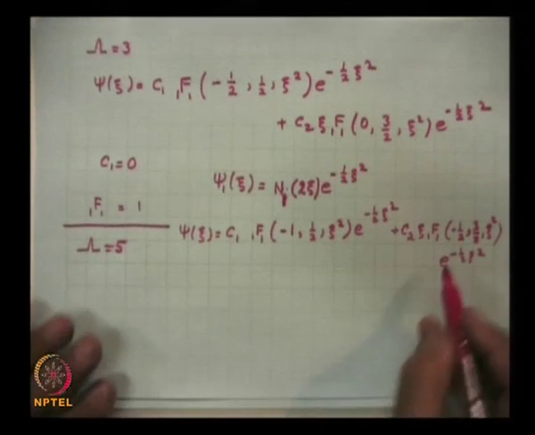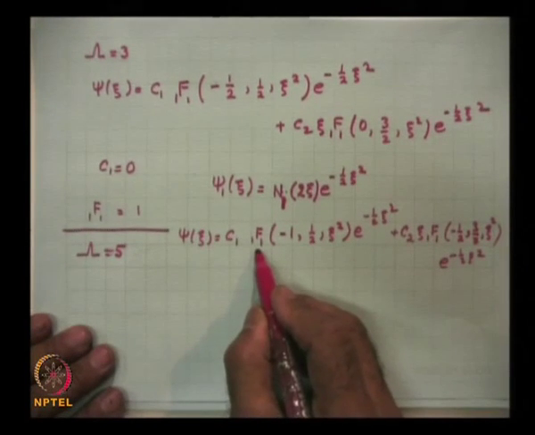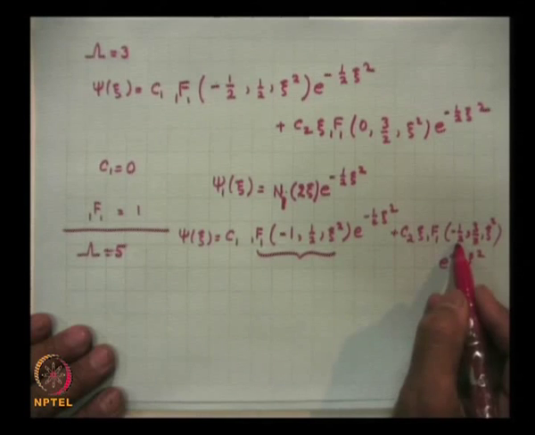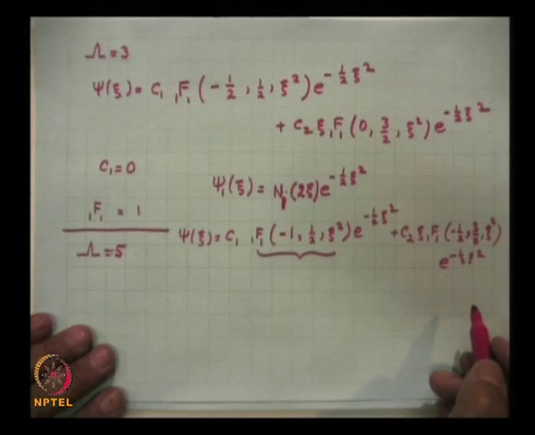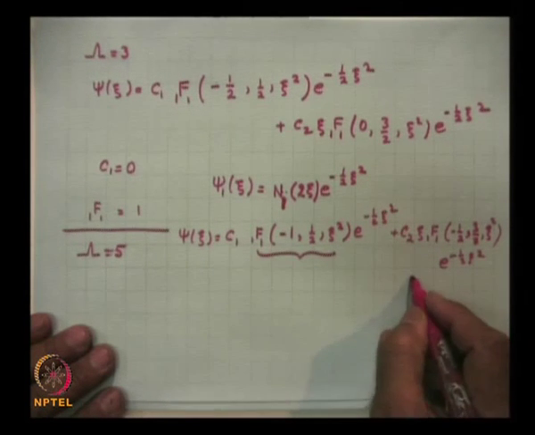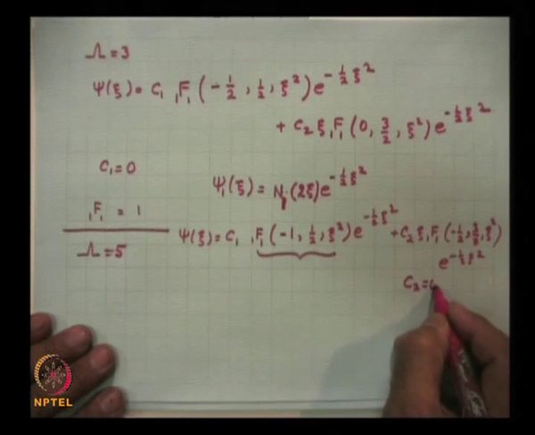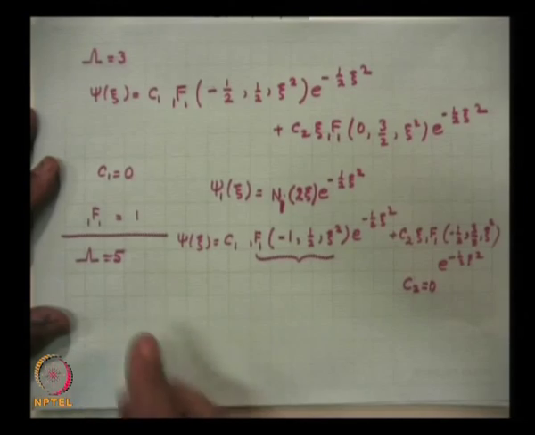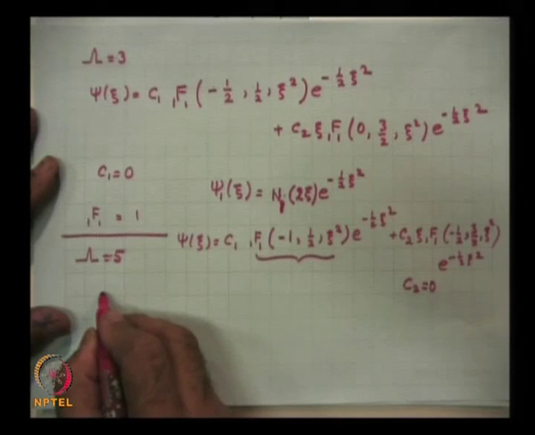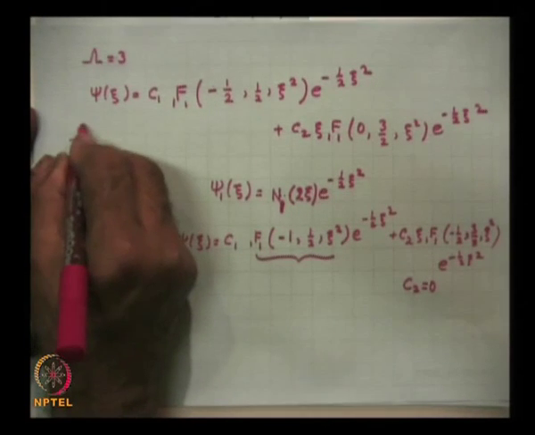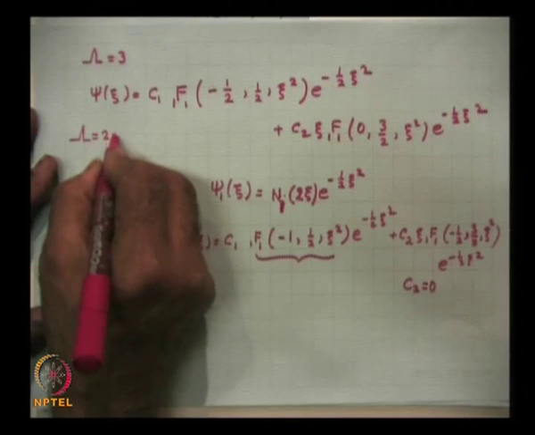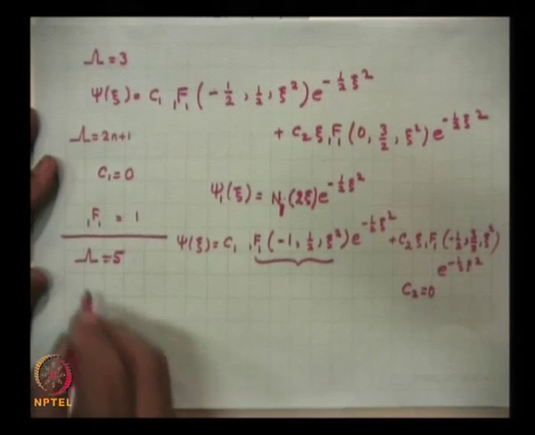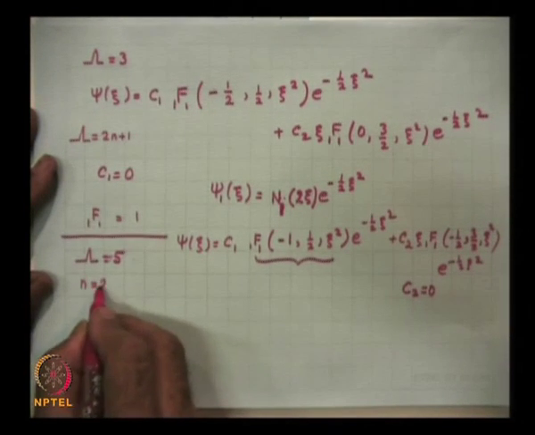So, if you see that this is a polynomial, but this is not. So, I must choose C2 equal to 0, and therefore, the wave function will be, if I write lambda is equal to 2n plus 1, then n here is 2.